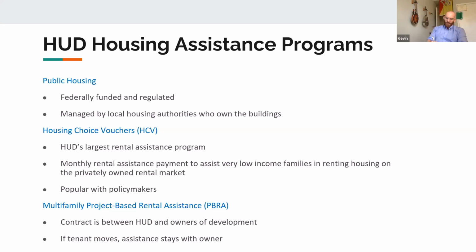You may hear these terms, but what's important to know is that anybody living in any of these types of housing, in addition to LIHTC housing or other types of affordable housing, is going to share many of the same needs and many of the same resource constraints because of the income limitations for folks who live in assisted housing.